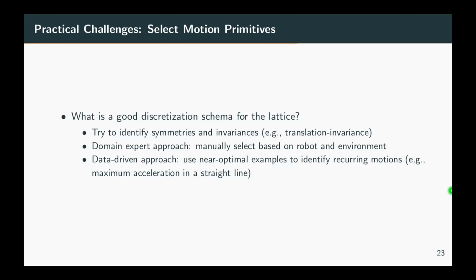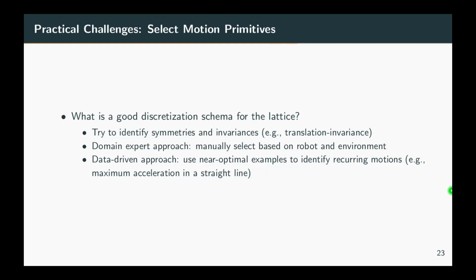A simple example is again a car. It's actually sufficient to compute, let's say, the left turn, forward, and right turn motion once, and then you can apply it anywhere in the space. So it's translation invariant, but it's also rotation invariant, because you can use almost the same primitives with some slight modifications if you just turn the start state of the car.